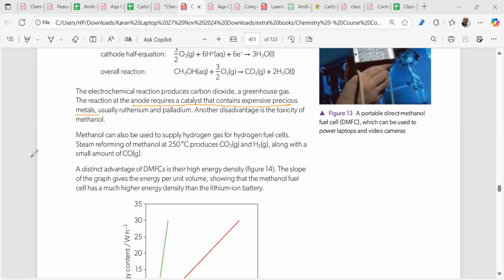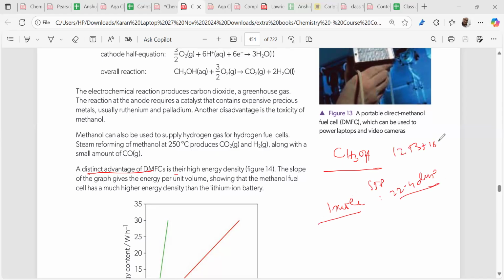What are the distinct advantages we have seen? We have just discussed. See, if you take methanol, CH3OH. We know that 1 mole of any gas at STP occupies how much volume? 22.4 decimeter cube, right? So if you take methanol, 12 plus 3 plus 16 plus 1, what is the Mr of this?